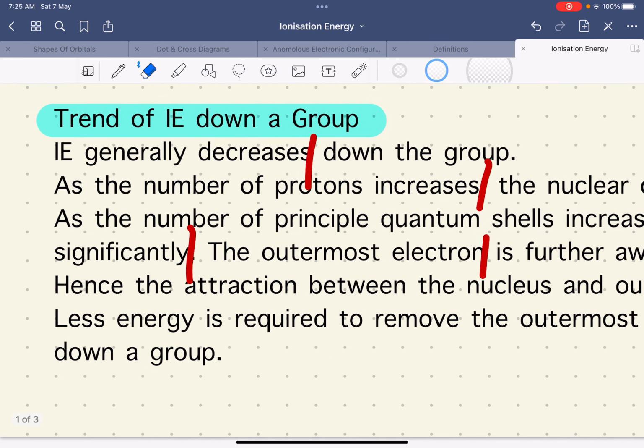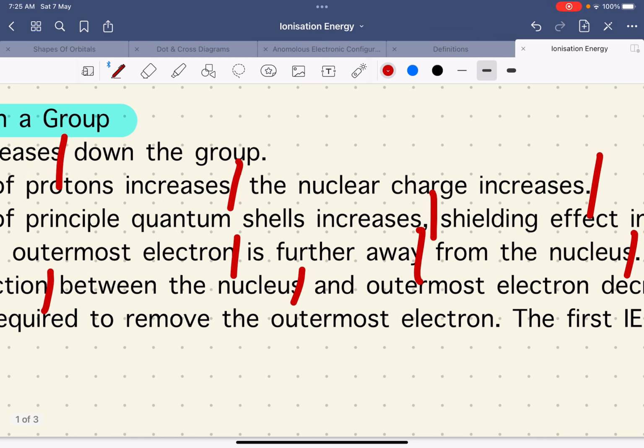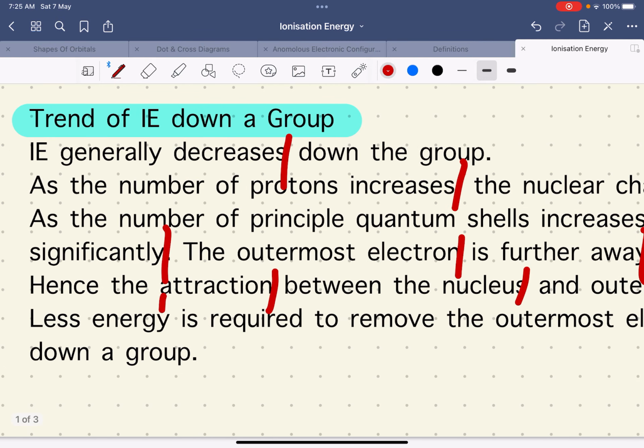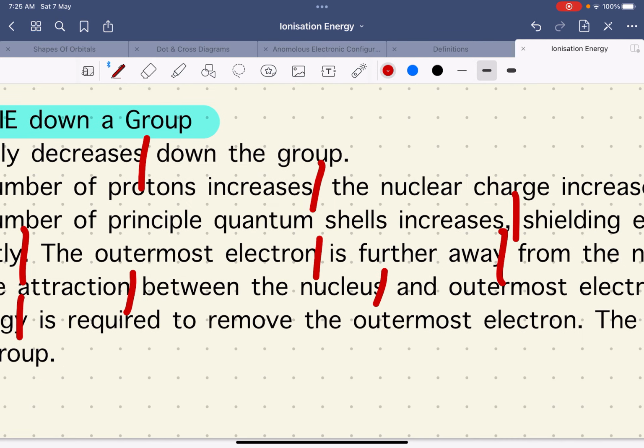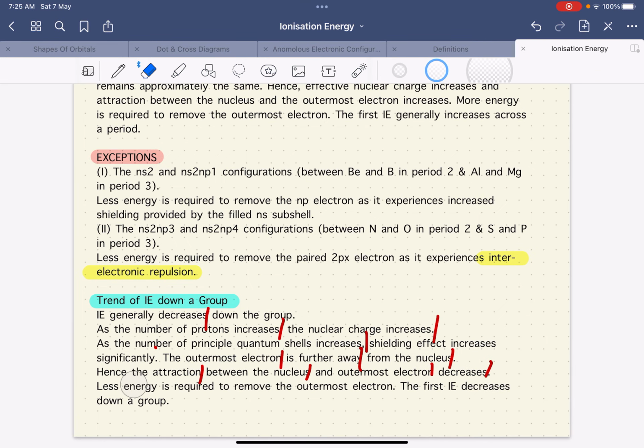Hence, the attraction between the nucleus and the outermost electron decreases, okay? And less energy is required to remove the outermost electron. The first IE generally decreases down the group.